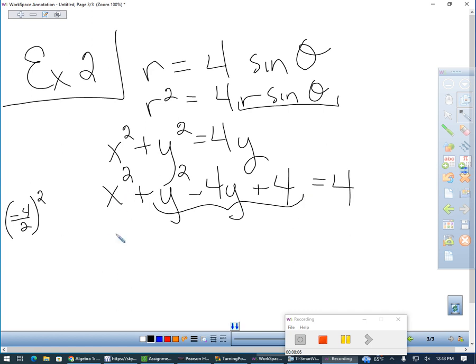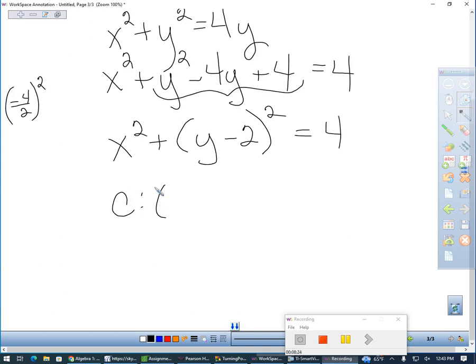So I have x squared plus y minus 2, quantity squared, equals 4. So this means I have a center at (0, 2) and a radius of 2.